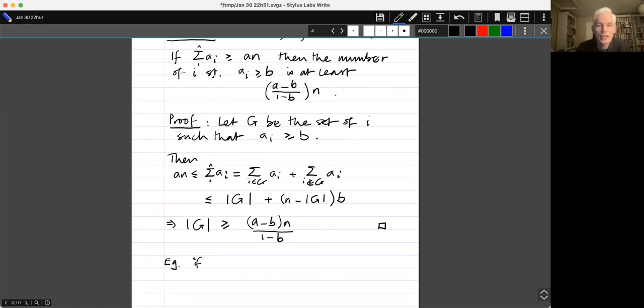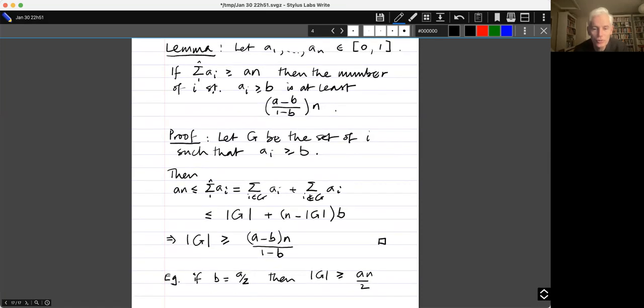One case will be where A is small, or smallish. So if B equals A over 2, and A is reasonably small, then the size of G is greater than or equal to, since 1 minus B is at most 1, at least AN over 2.